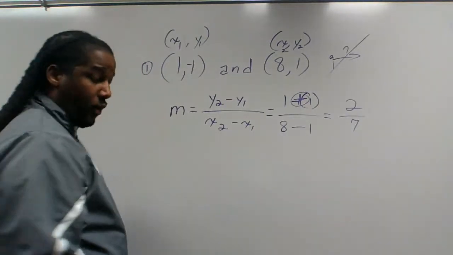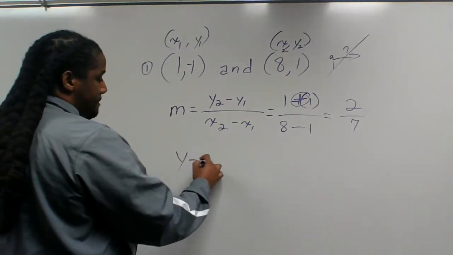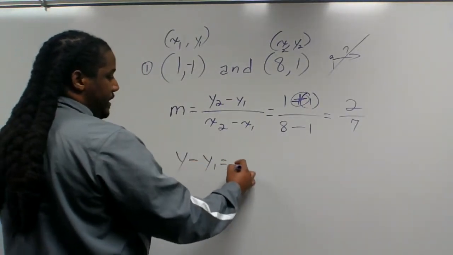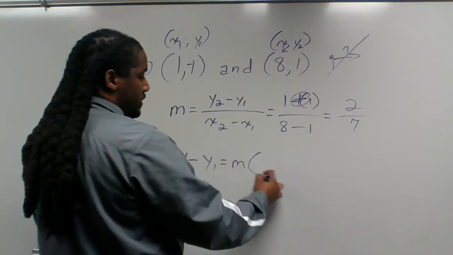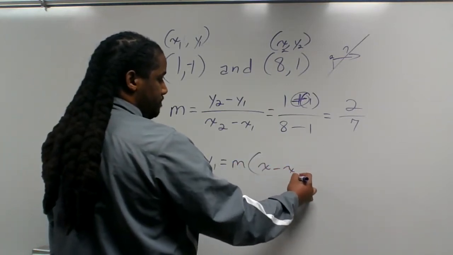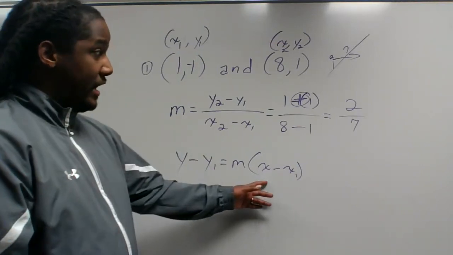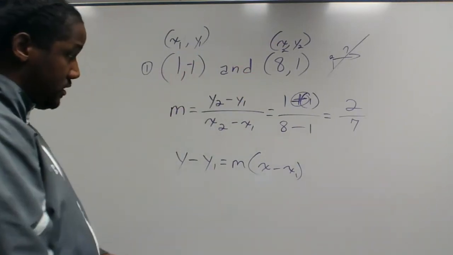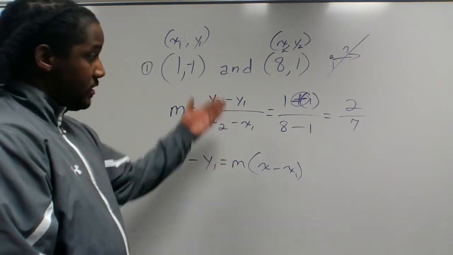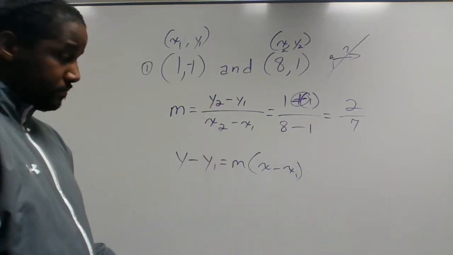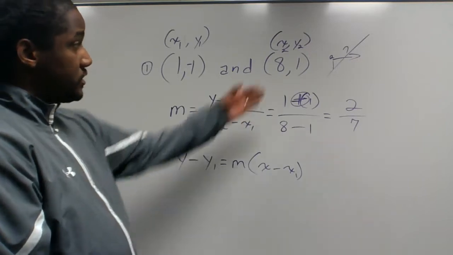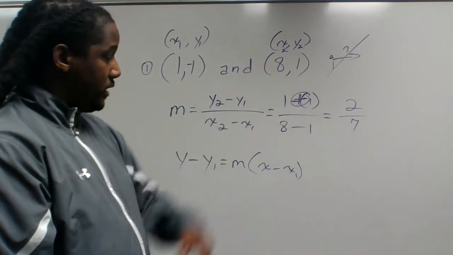The point slope formula is y minus y1 equals m, which is our slope, times x minus x1. Our y value and our x value come from either one of these points, and our m comes from the slope we've already solved for. So we're going to use our second point, (8, 1).